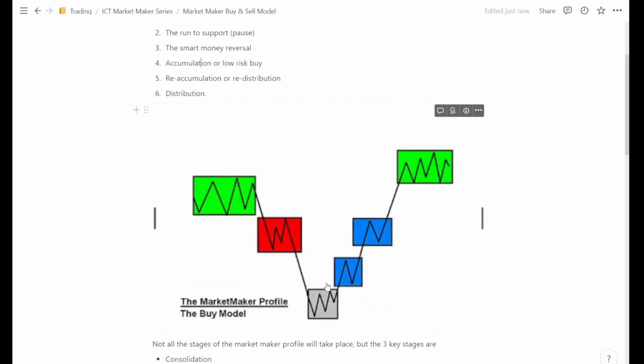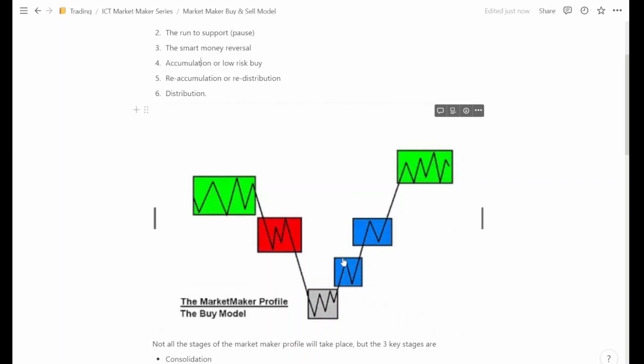But most of the time, when there is a liquidity sweep, price will tend to return to the breaker. If there is no liquidity sweep, price will tend to reject from the fair value gap. Very rarely does price trade all the way back up to the order block. Most of the time, it either rejects from the breaker or from a fair value gap.